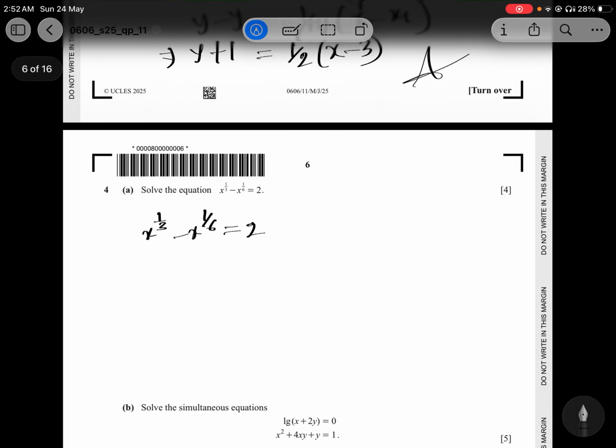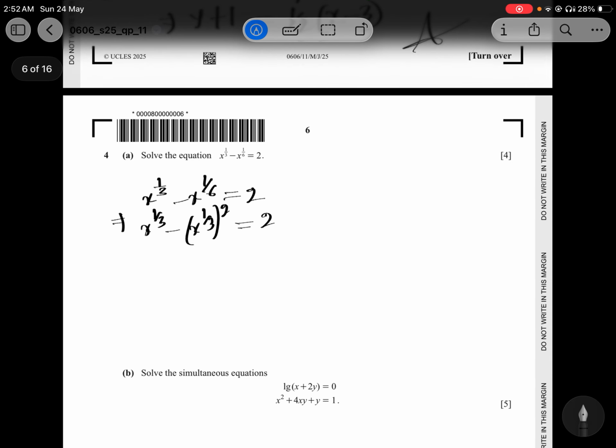So it's a 4 marks question. So my attempt should be x to the power 1 by 3, and here is x 1 by 3. I can write it down like this way, is equal to 2. So if I take x to the power 1 by 3 as a, it should be a square 2. So a square minus a plus 2 is equal to 0.